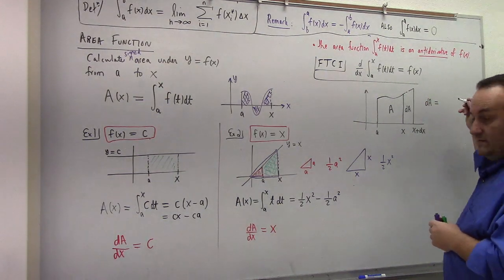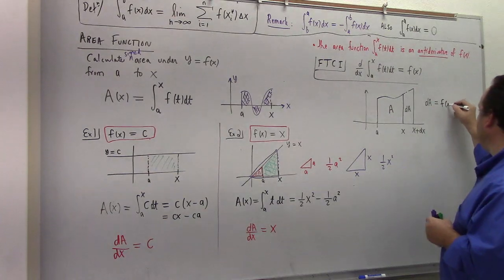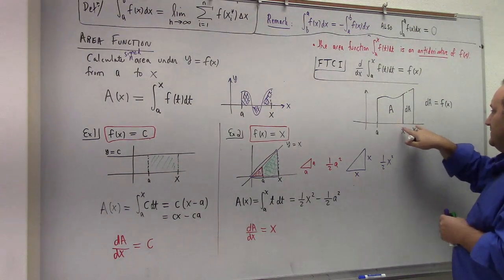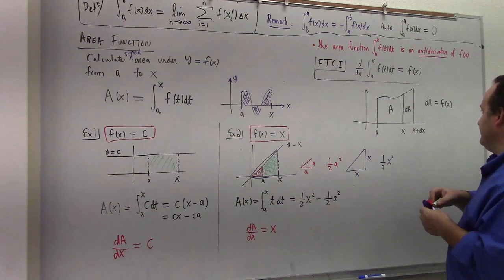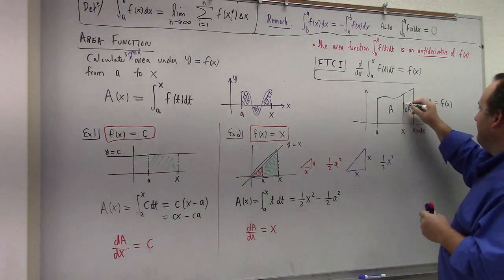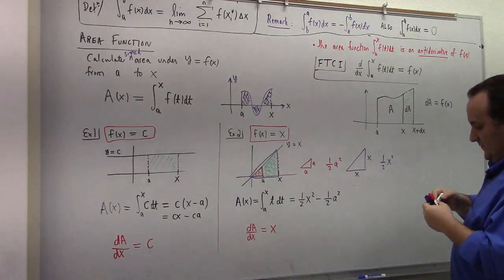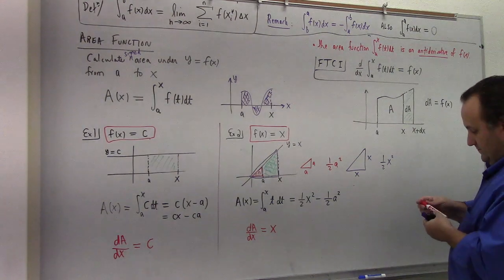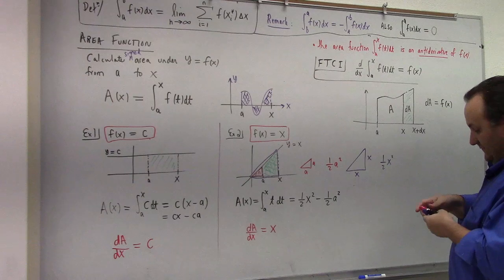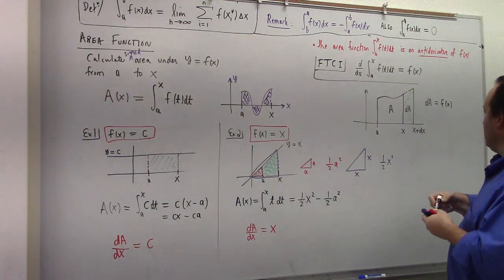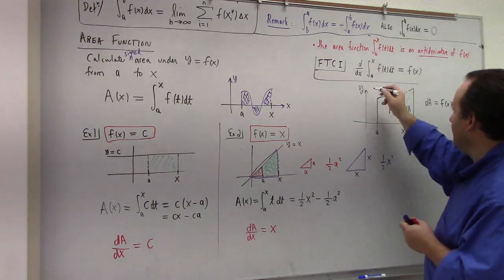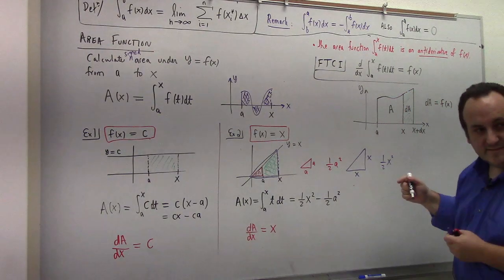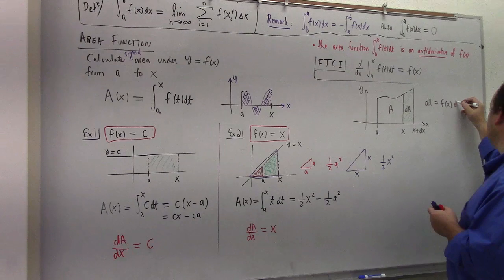What's the width of this green shaded region, this infinitesimal? Very good, x plus dx minus x, and what is that? The x's cancel, it's just dx.